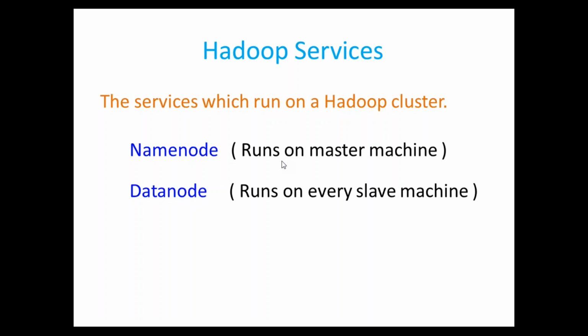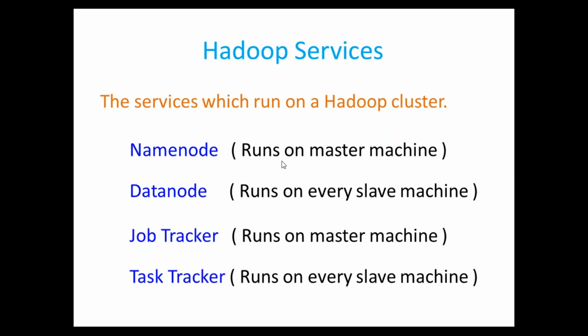Similarly, we have two more services which are taking care of the processing part of Hadoop, or you can say the MapReduce part of Hadoop. One is job tracker, which is running on the master machine, and another one is task tracker, which runs on every slave machine.